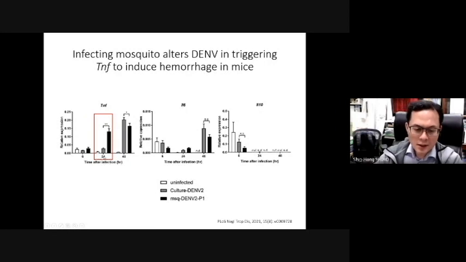So we speculated that the infecting mosquitoes change the virus so that it becomes more efficient in triggering TNF. Therefore, it has the greater potential to induce hemorrhage in the mice.